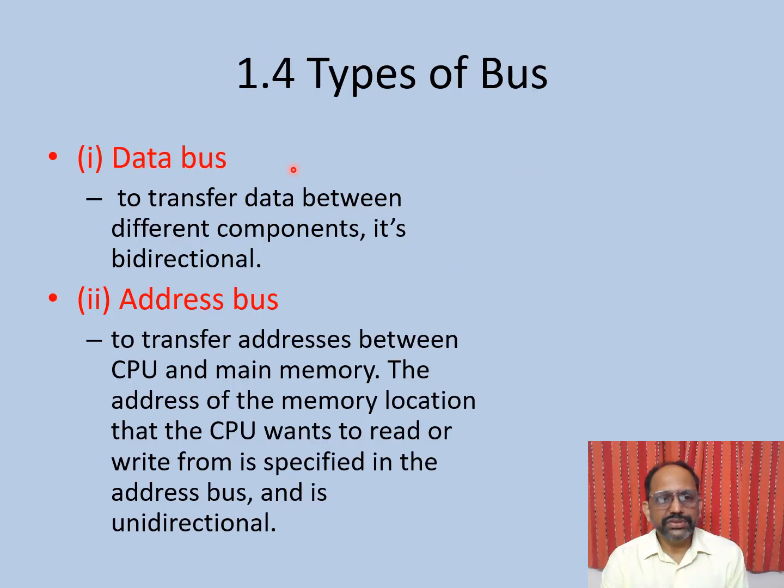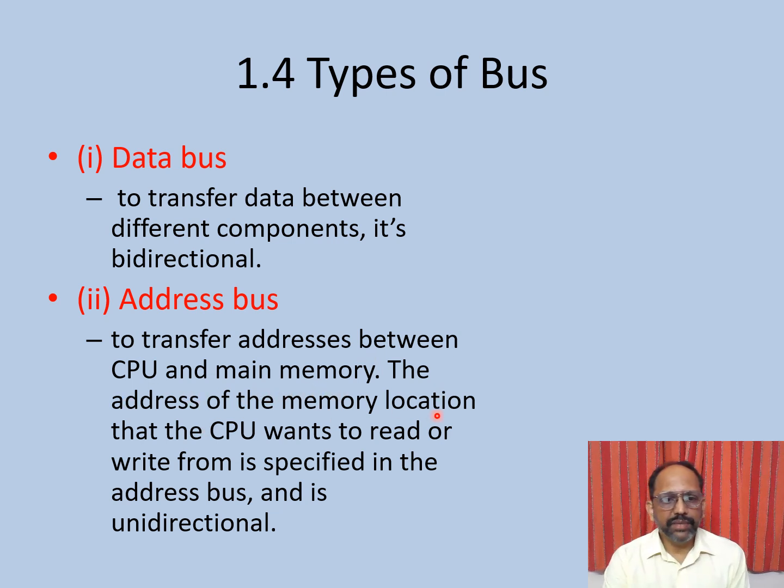What is the function of a data bus? The data bus function is to transfer data between different components, and it is bidirectional. Bidirectional in the sense that the data can move in two directions. The address bus is used to transfer addresses between the CPU and main memory.